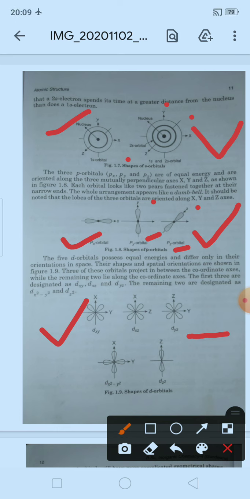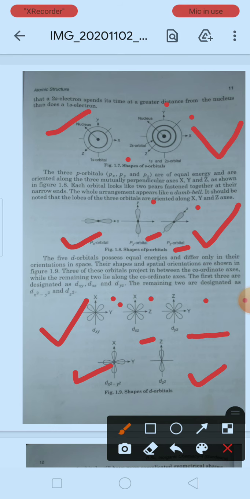They are dxy, dzx or dxz, the third one is dyz, the fourth is dx square minus y square, and the last is dz square. Here you can see the double dumbbell shapes. In a dumbbell, single lobes are there, and in a double dumbbell you can see the lobes are distributed in between the axes.